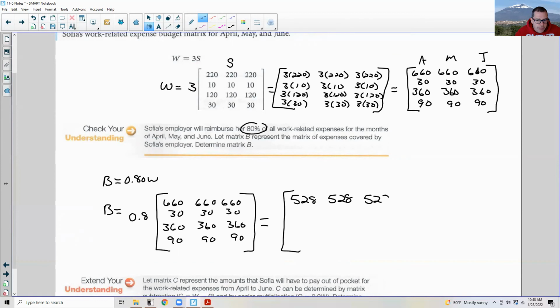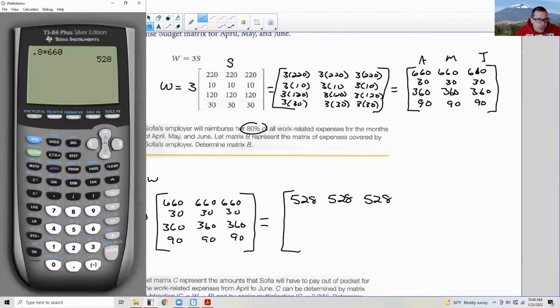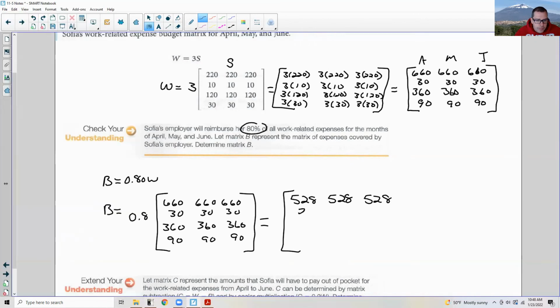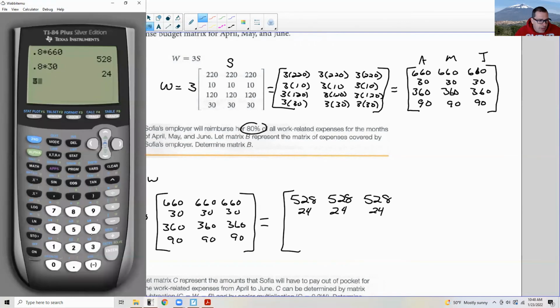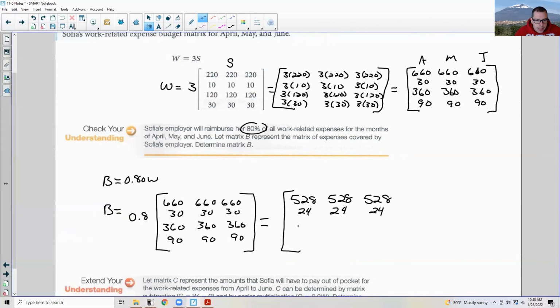Then 0.8 times 30 is 24. And 0.8 times 360 is 288. And 9 times 8 is 72. Okay, so there's that.